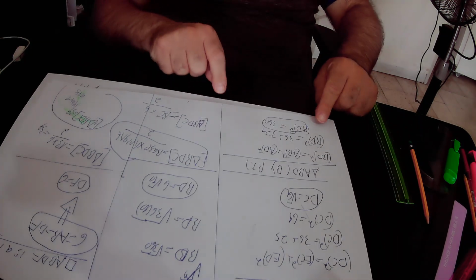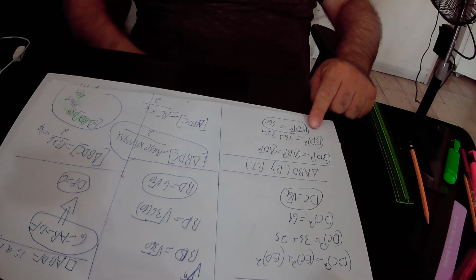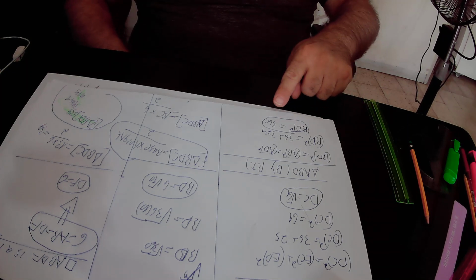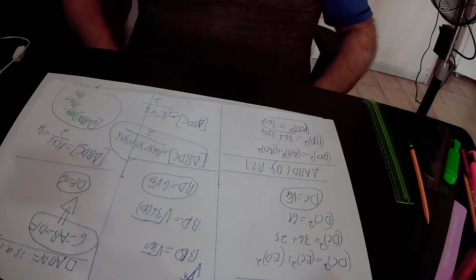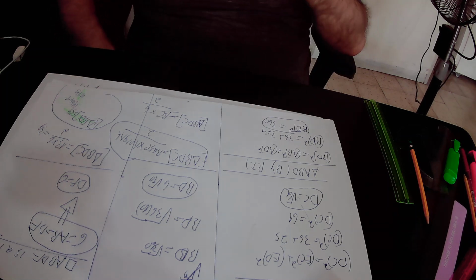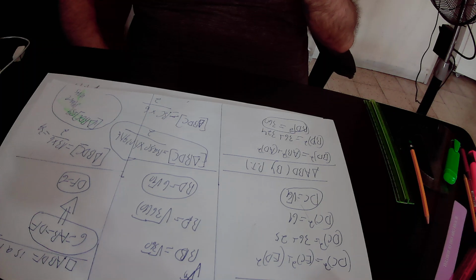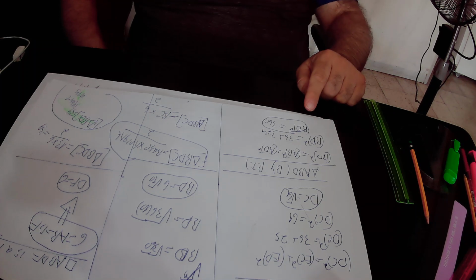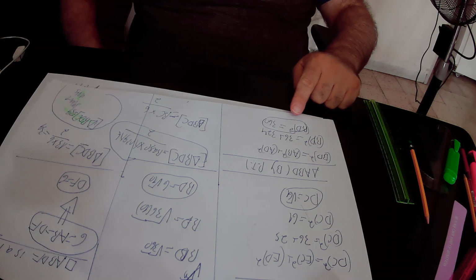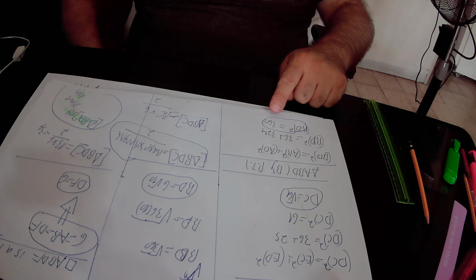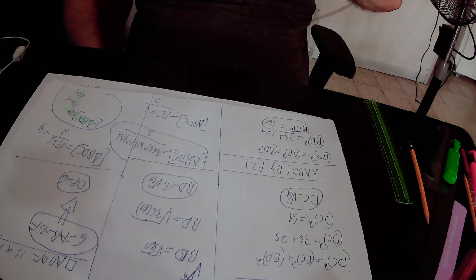So in conclusion, we found out that BD square, the square of the hypotenuse in the right triangle ABD, equals 36 plus 324, which is 360. BD square equals 360.